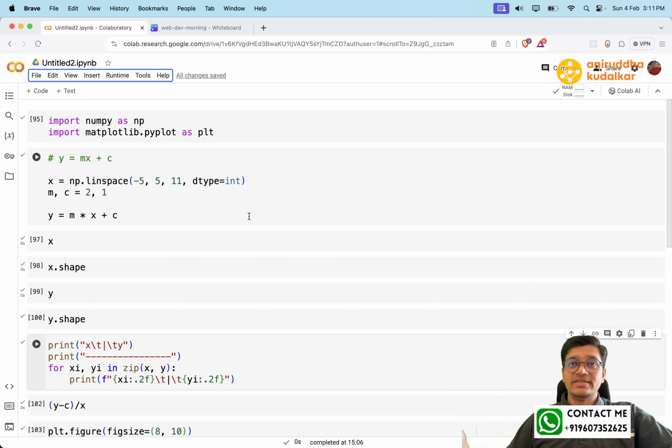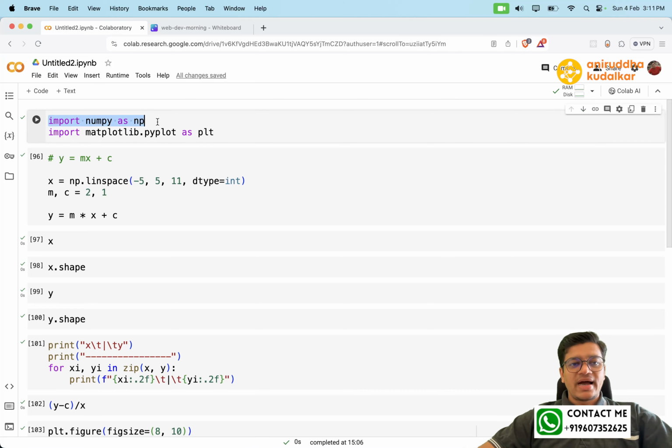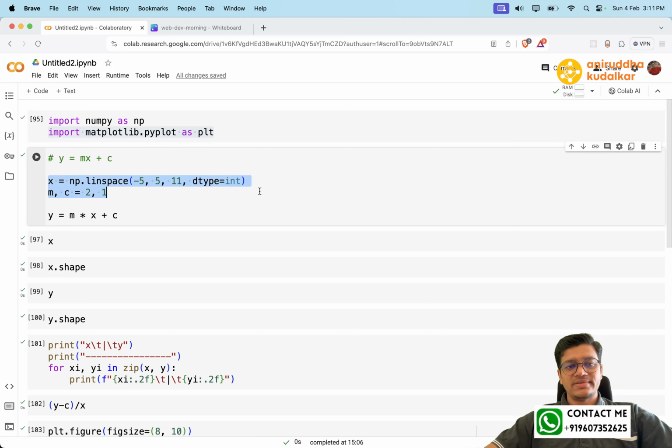Also in linear regression and classification you need this, and that's why it is important. So here first I have imported NumPy, then Matplotlib, for plotting. You need a little background on Python, NumPy, pandas, but I will try to keep things very simple.